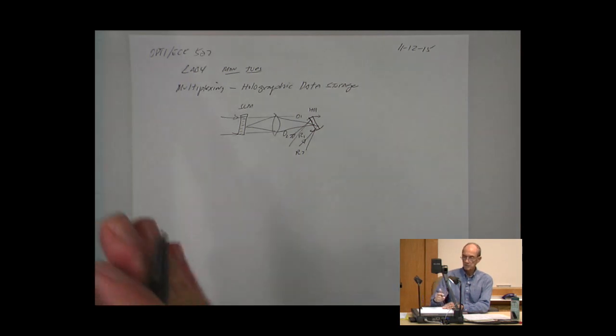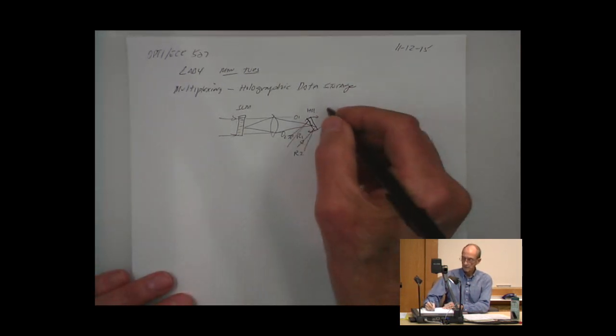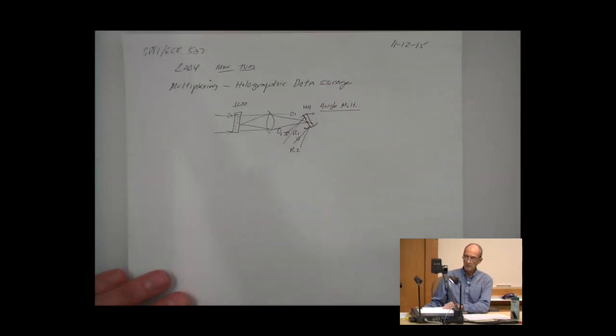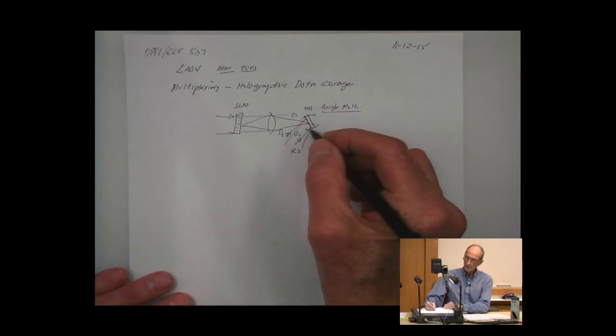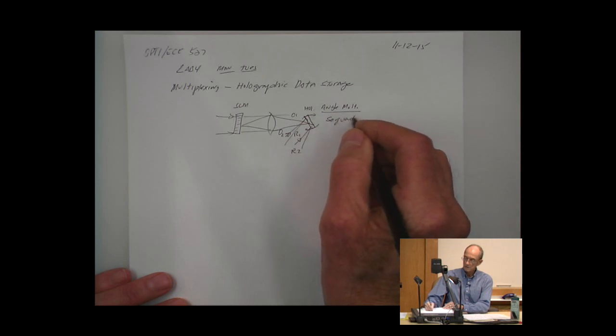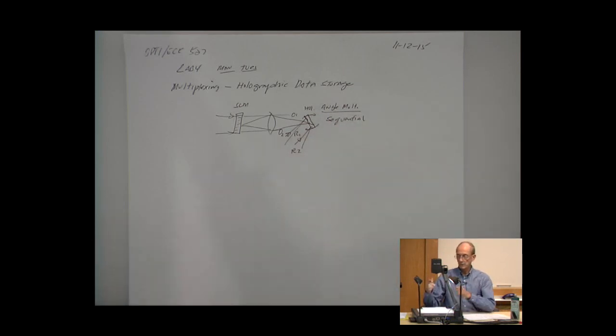So this would be called angle multiplexing. And in addition, the way that the holograms are recorded is in a sequential manner, meaning that we do one hologram and then rotate, do another hologram, and we do it sequentially.